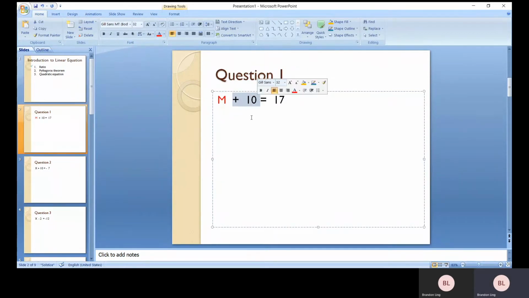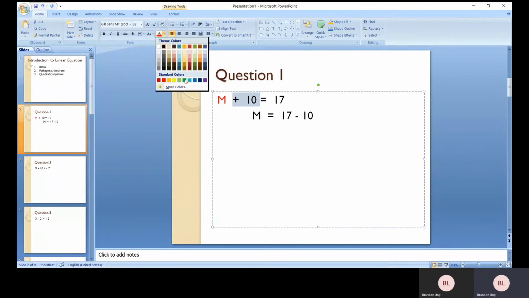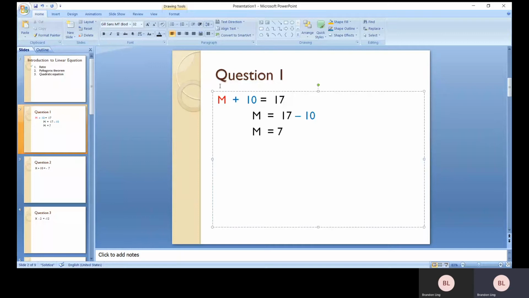You can move this plus 10 to the opposite side, so you will get 17 minus 10. From plus 10, you need to change to negative 10 here. You can use mental calculation or a calculator to get the final answer. 17 minus 10 is 7.